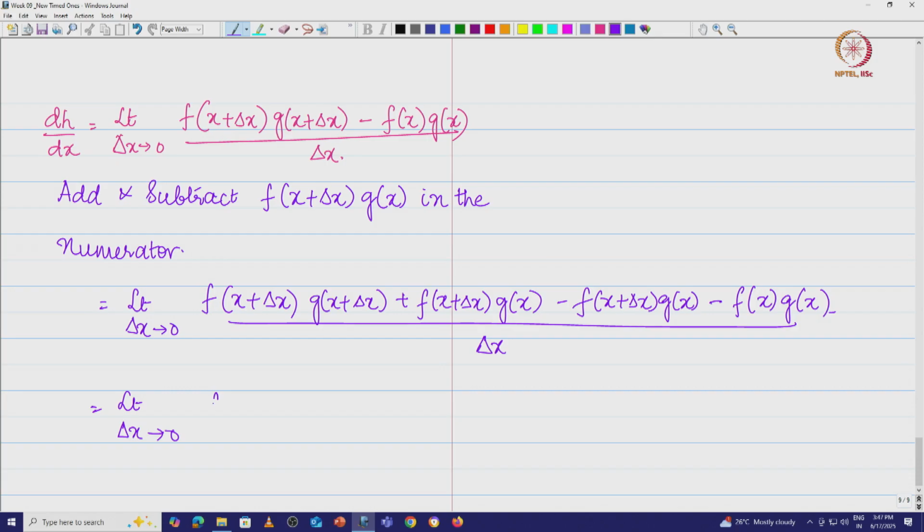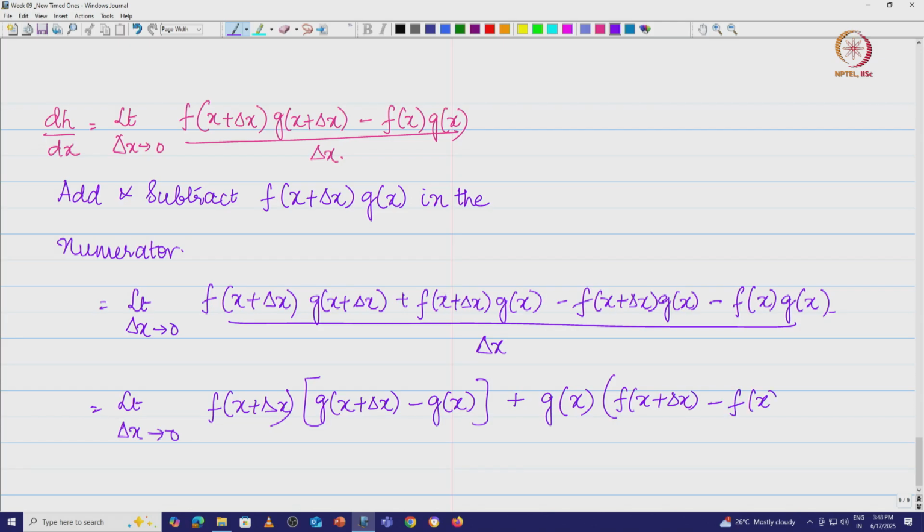I am going to take f of x plus delta x common, into g of x plus delta x minus g of x, plus I am going to take g of x out, into f of x plus delta x minus f of x, divided by delta x. Well, we know that now you can separate this out as two terms.